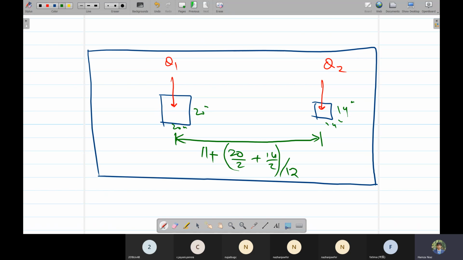So 11 plus 10 plus 7, divided by 12, is 12.417, that is 12.42 feet. We simply find the center to center distance between the two columns.